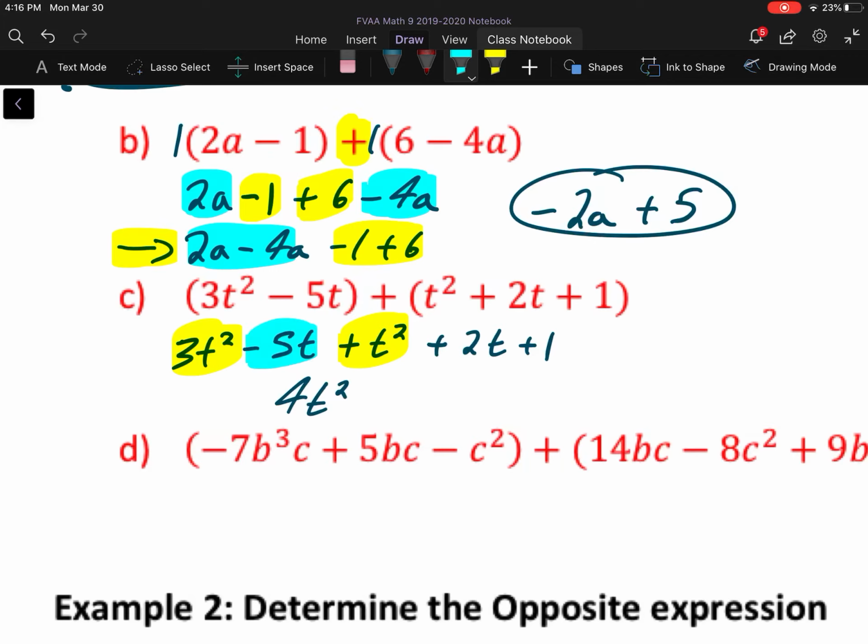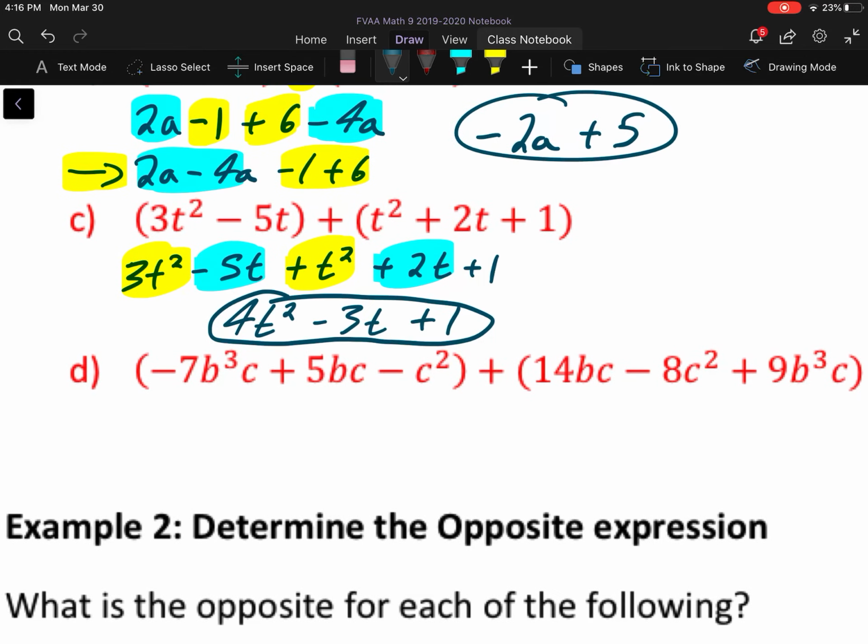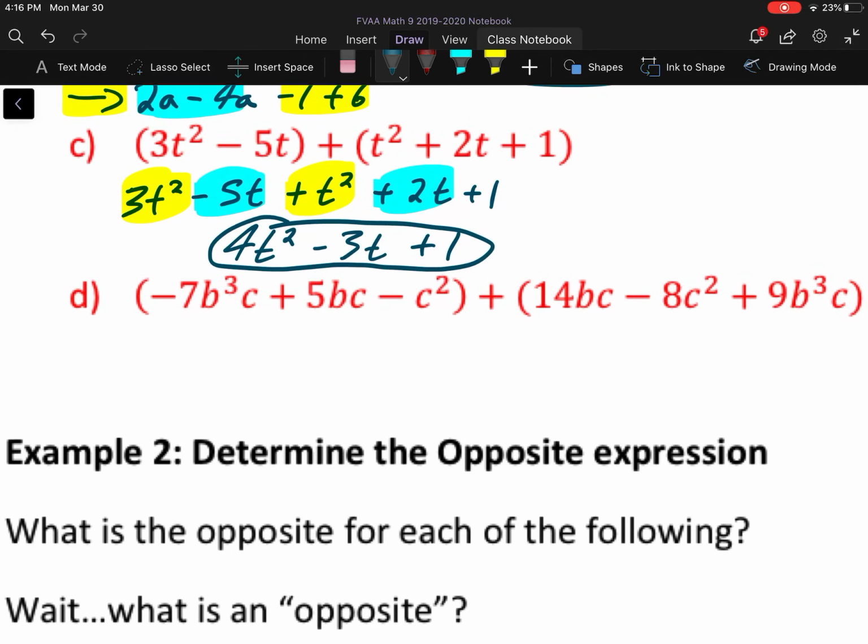Negative 5t plus 2t gives me negative 3t, and then all I'm left with is that plus 1. So I do plus 1, and I get my final answer. I skipped a step there, but you guys saw that they combined. Many of you guys have probably started skipping that step a long time ago.